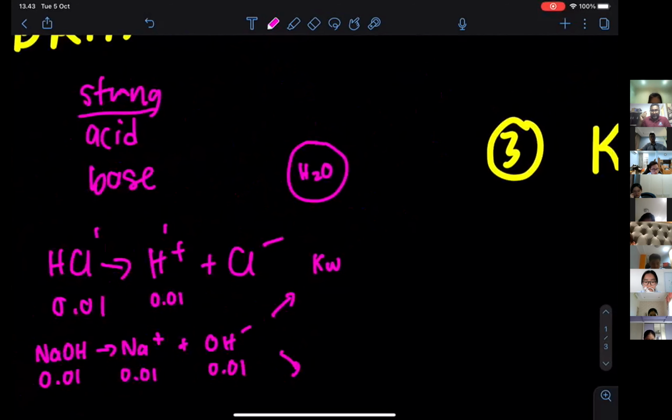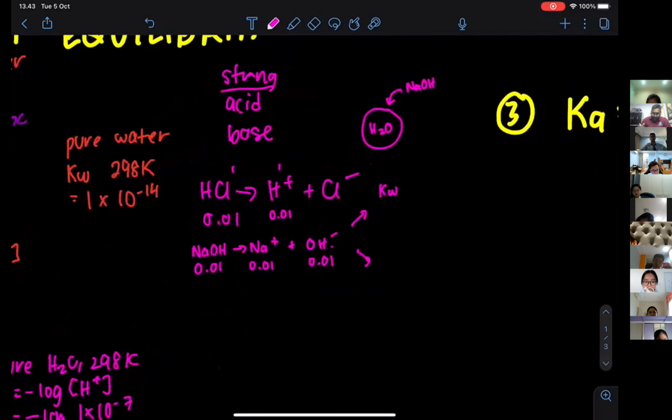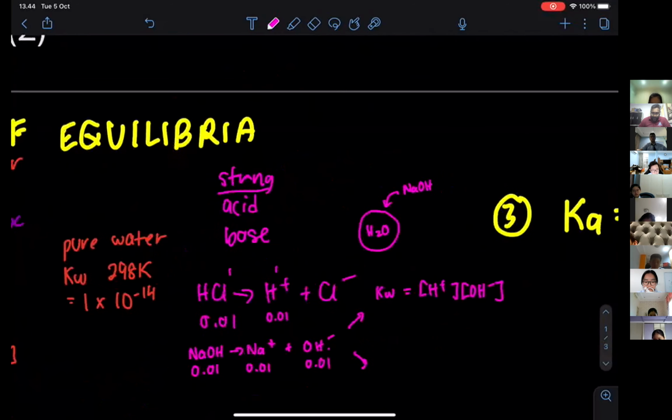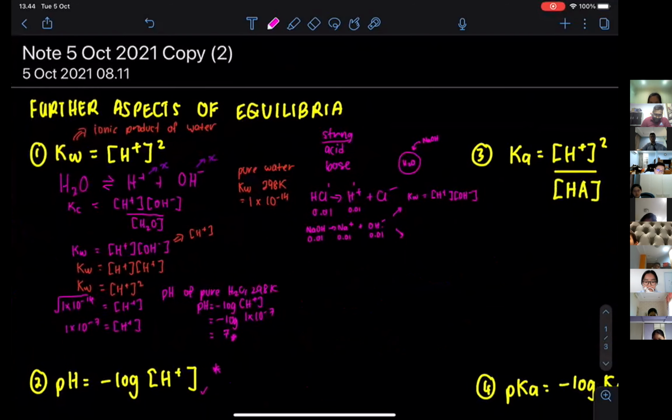So now this is pure water. In pure water, I'm going to add sodium hydroxide. Sodium hydroxide has OH minus, so I am including OH minus into water. Earlier, I know the Kw is the concentration of H plus times OH minus. Previously, in pure water, I assumed these were the same, but now no more.